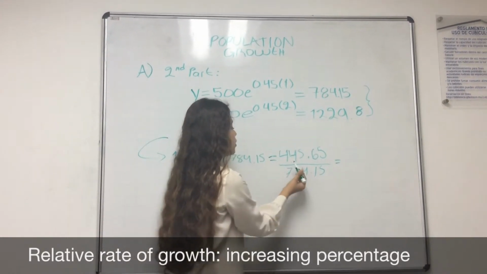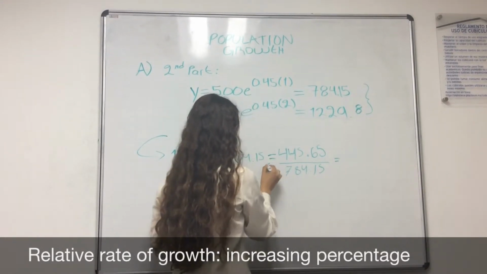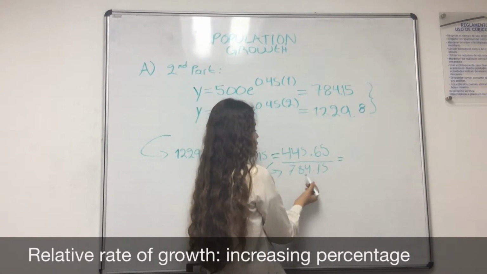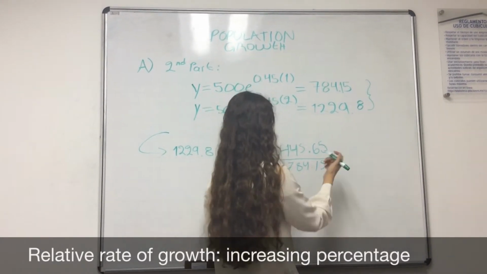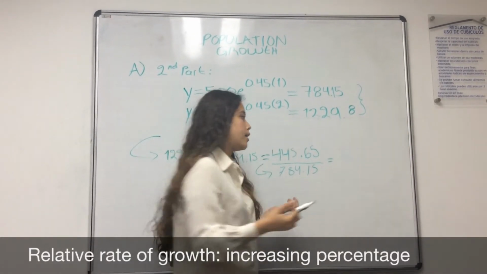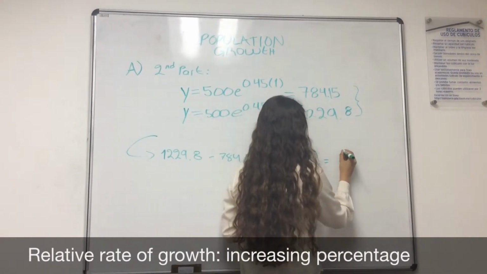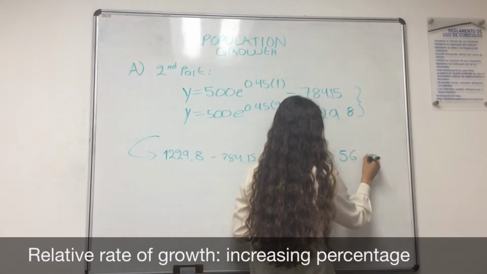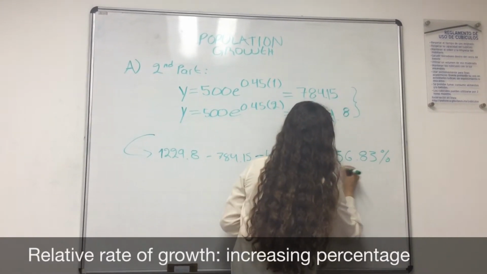It equals 445.65, and this will be divided by 784.15. Finally, this answer will give us the increasing percentage, that will be 56.83%, and that's our final answer.